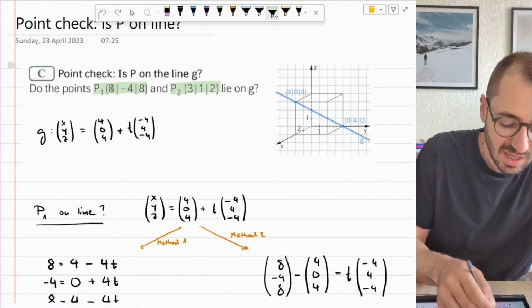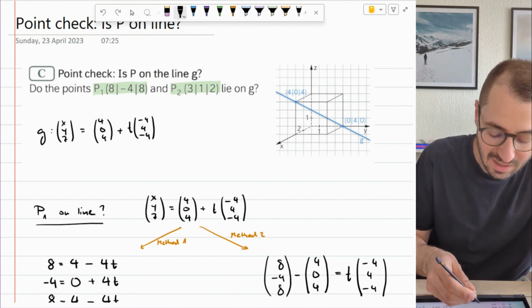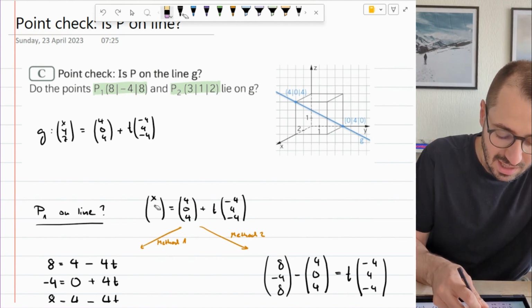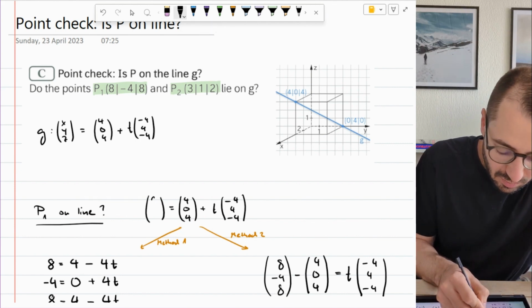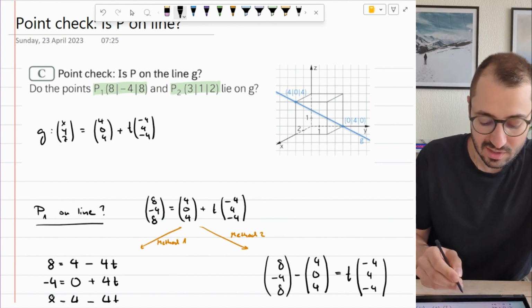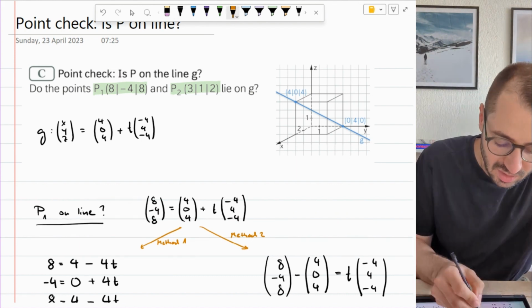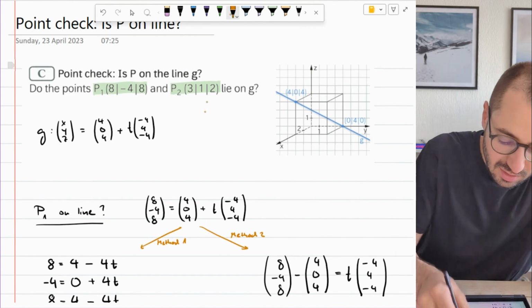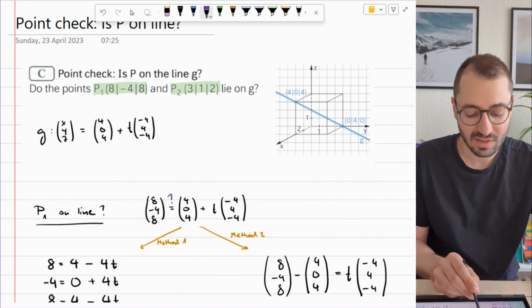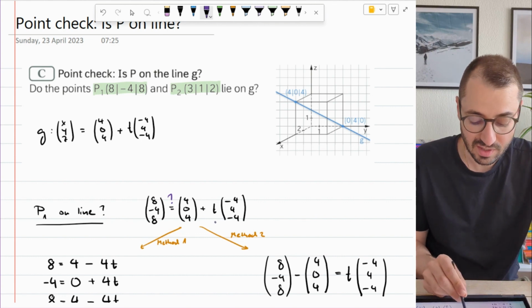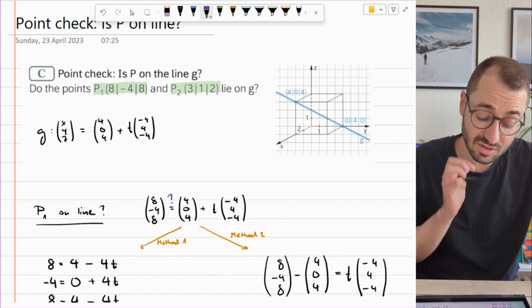So if P1 lies on the line, then there exists some t so that we get this point. So the big question is, does this t exist, so that this equation holds true?